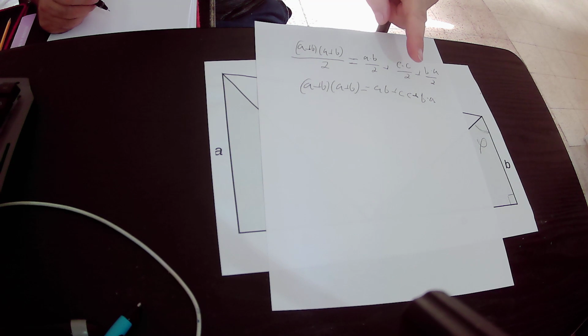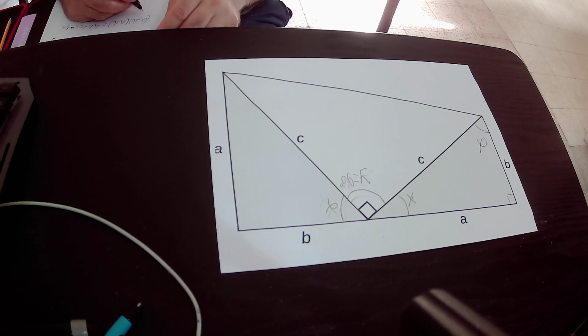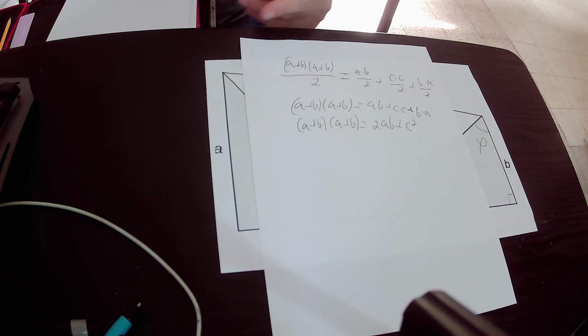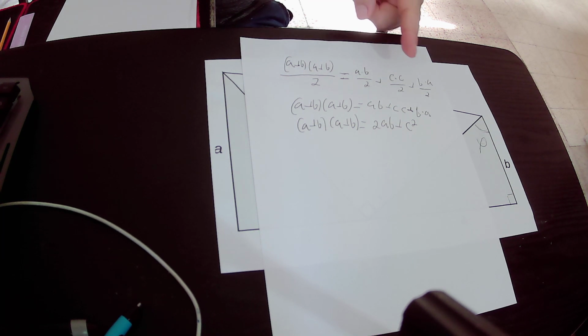It is AB plus C times C plus BA, and AB plus BA is 2AB, and C times C is C squared. So we will write it down.